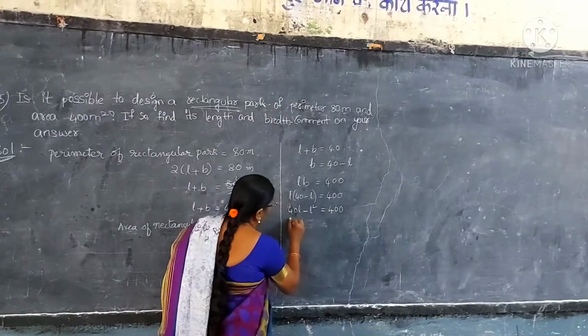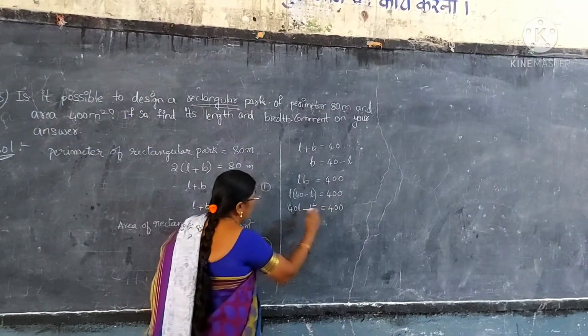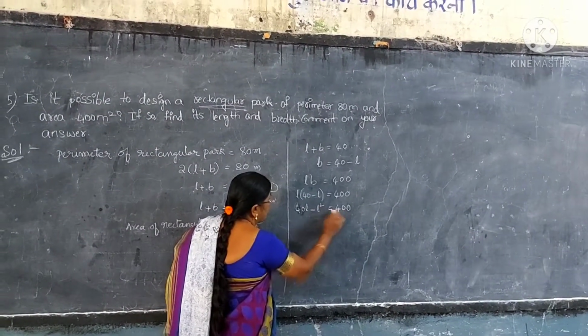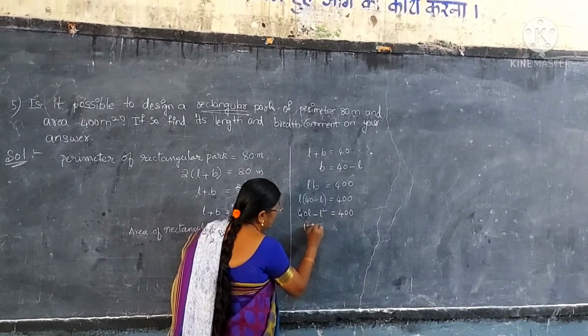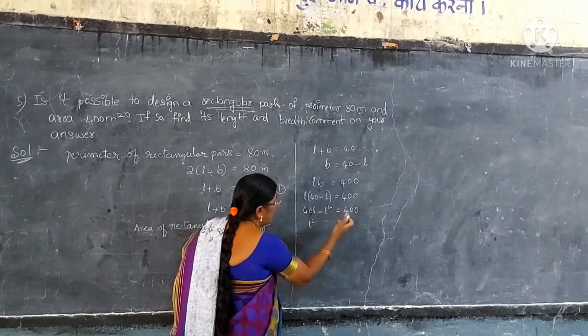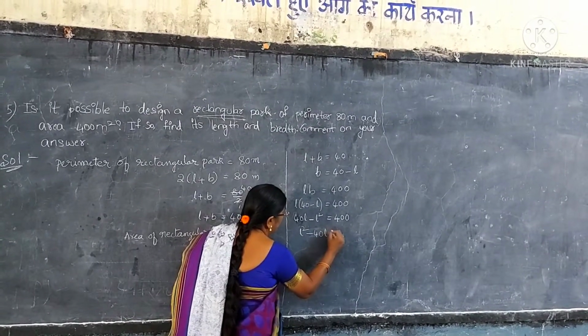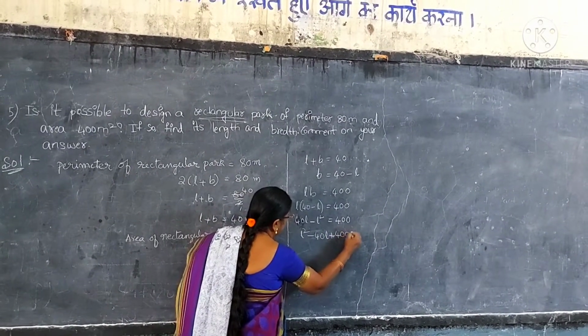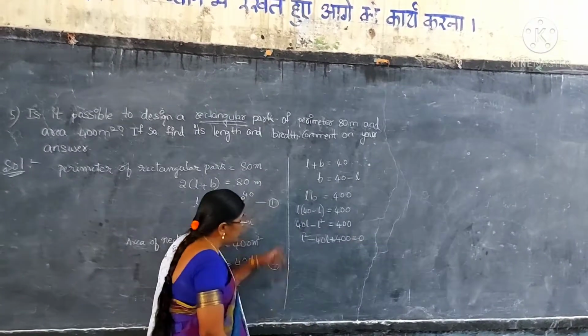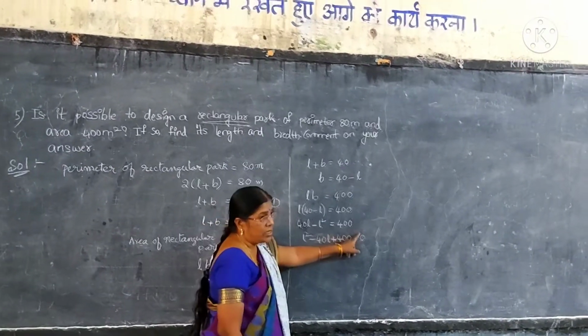Okay. I am transposing these to RHS. So, this minus L square will become plus L square and this 40L will become minus 40L and this plus 400 is equal to 0. I have transposed these two to RHS.